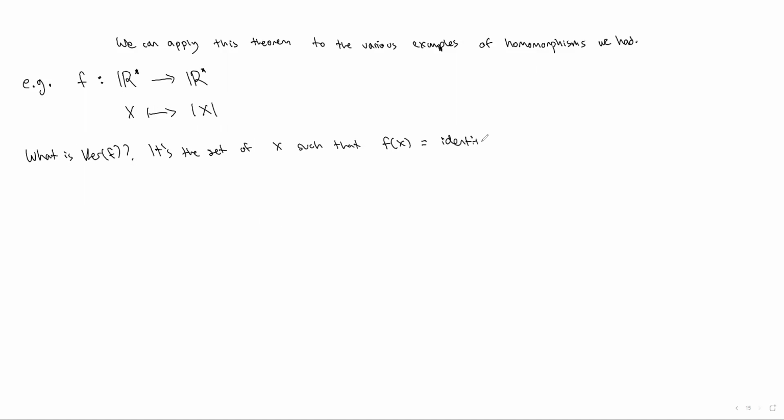Well, it's the set of x such that f of x is the identity, which is 1 in this case, which is equivalent to absolute value of x equals 1, which is equivalent to x being either plus or minus 1. So the kernel of f is plus or minus 1.